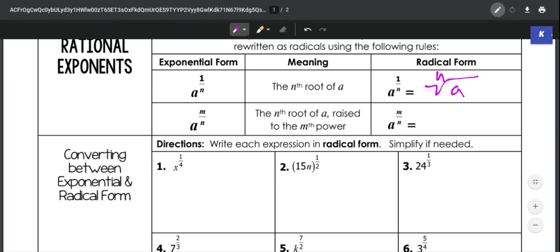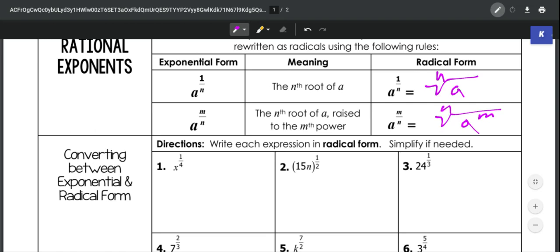Now we're going to look at when that fraction is not just 1 over something. If we have that number be something other than 1, we denote that by saying m. So if we want to rewrite a to the m over n, we can rewrite that as the nth root of a, or just radical a, to the m power, and that index is going to be that n.